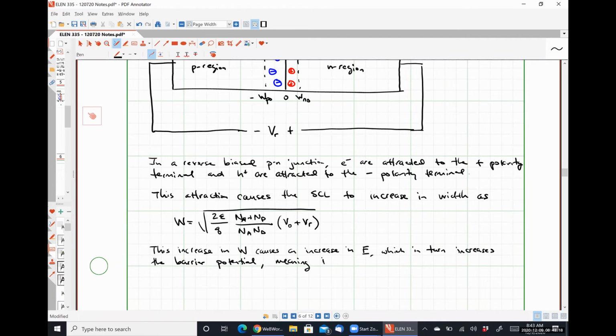Meaning it will be more difficult for electrons and holes to diffuse across the space charge layer.